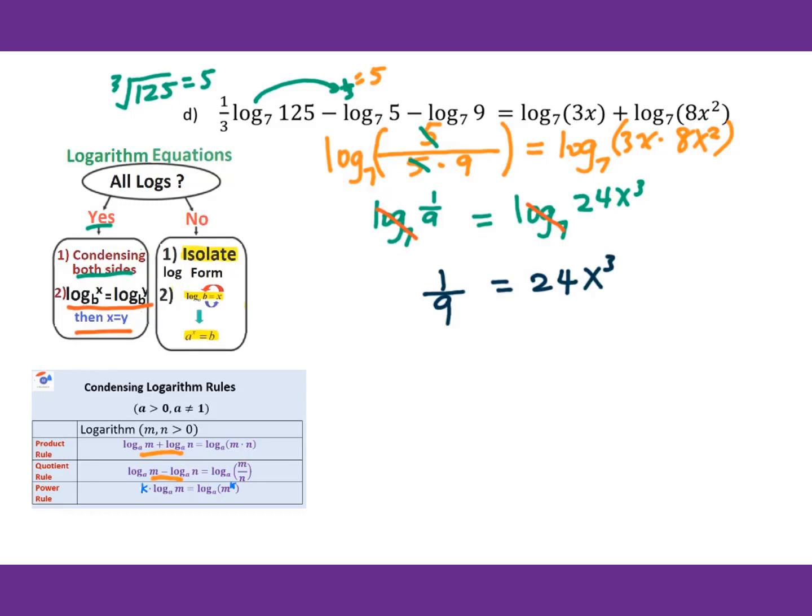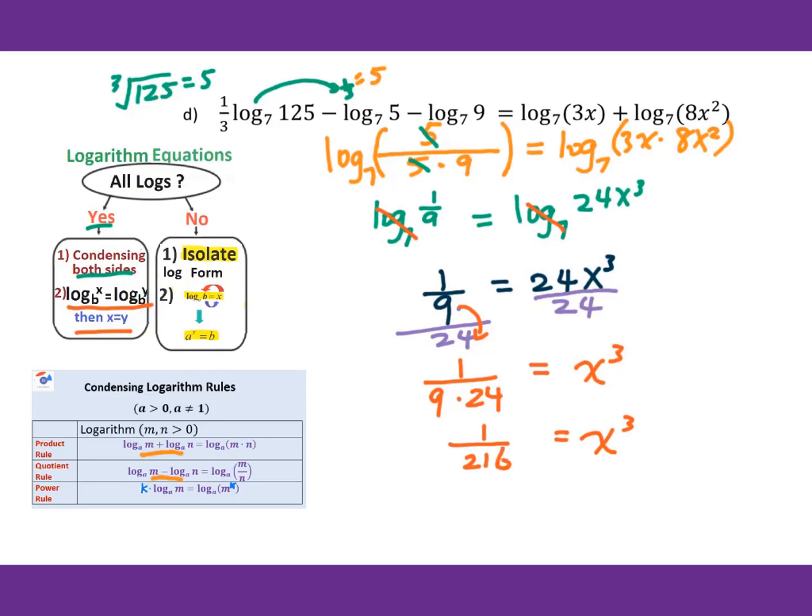Since this is a power equation, we need to divide by 24 on both sides. Drop down. You will get x to the third power equals 1 over 9 times 24. So we get x to the third power equals 1 over 216. We take the cubic root of both sides.